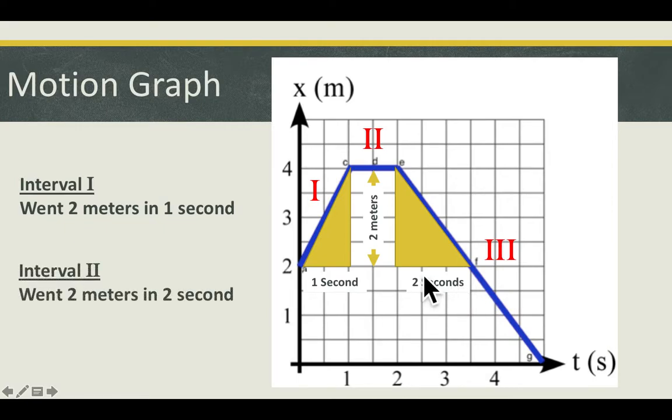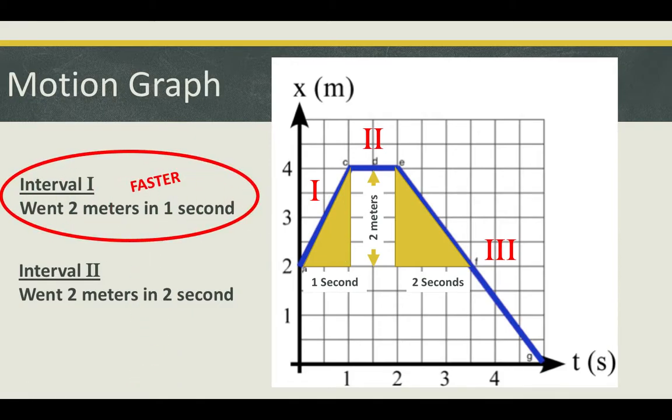Well, based on that, it's pretty easy to tell that if something moved 2 meters in 1 second, it's going faster than something that went 2 meters in 2 seconds. I hope that helped a little bit. That's just another way of analyzing a graph like this without having to do a whole lot of the math that you saw a few slides back.